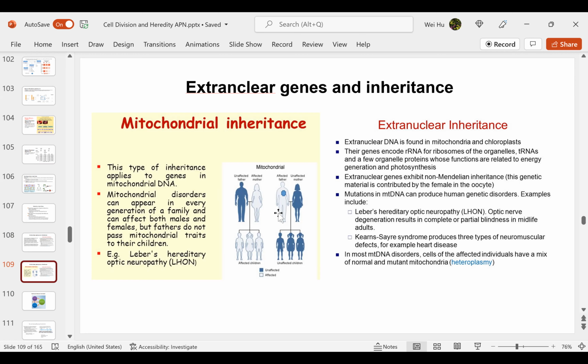So let's look at this one. You have an affected father and a normal mother. So you can see all of the children are normal because your mother gave all of the mitochondria to the 3 children. Okay, got it? Okay, so that's the special pattern for mitochondrial inheritance.